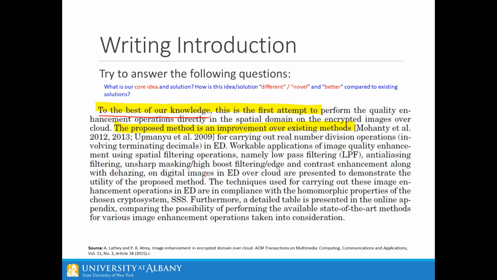This is a safer statement than saying this is the first attempt. We could also say the proposed method is an improvement over the existing methods in this aspect, and so on. So this establishes the core idea: different, novel, and better.